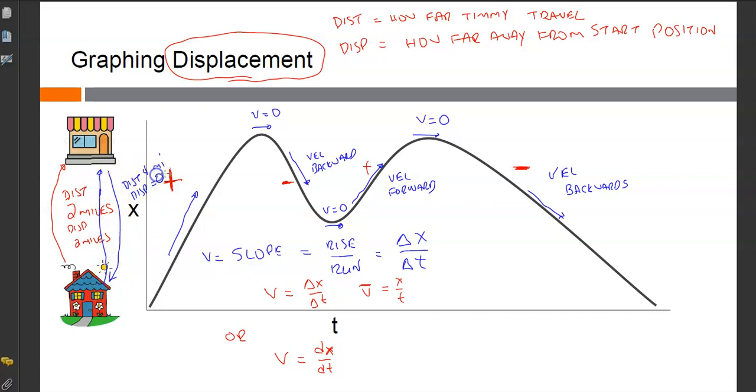The displacement would be 0. When I measure from the beginning point to the ending point, if he makes it back home, then his total displacement is 0. So that's a little subtle twist on that word displacement. It's not a big deal. X measures displacement. It doesn't really measure the distance. So kind of keep that in mind.